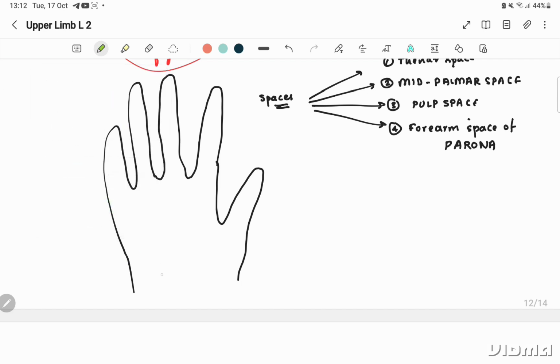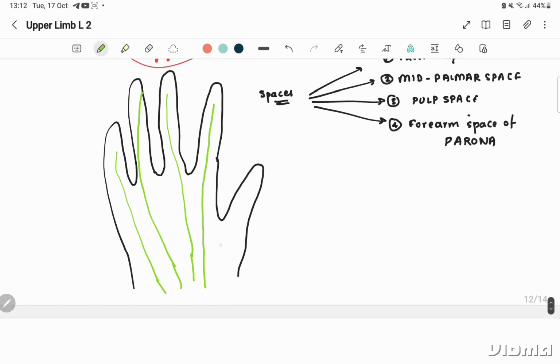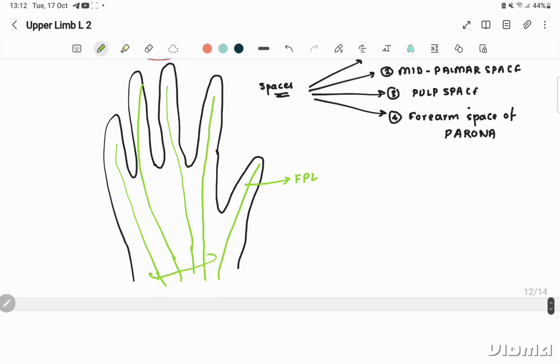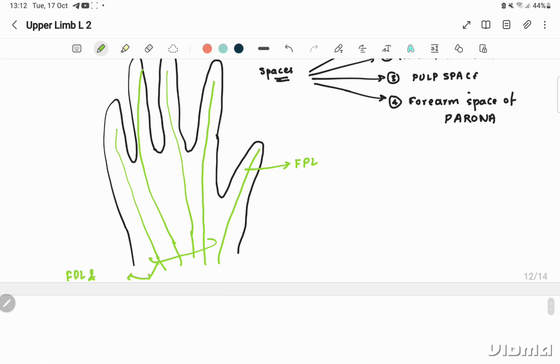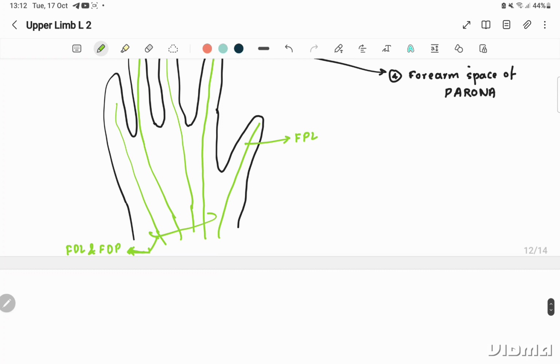Let's say these are the tendons of FDS and FDP; I have overlapped them both. These are the 4 tendons of FDS and FDP, and the tendon of FPL.